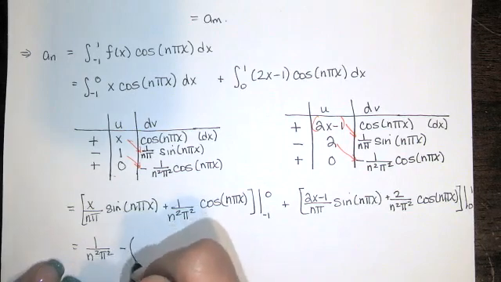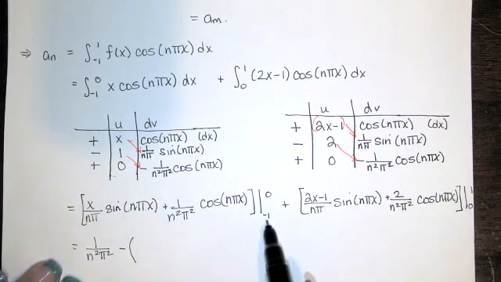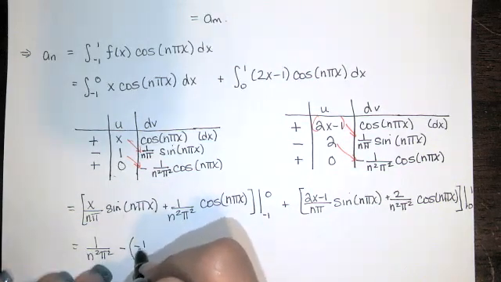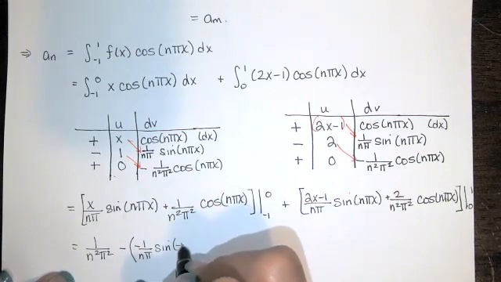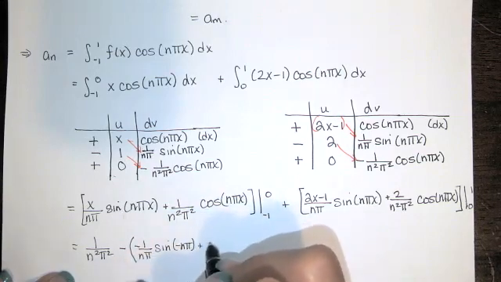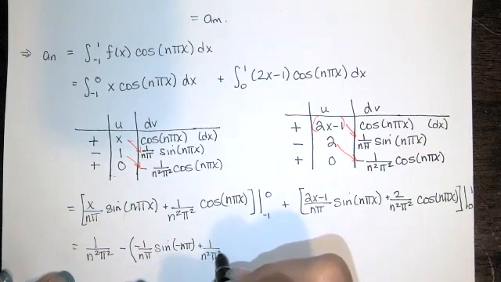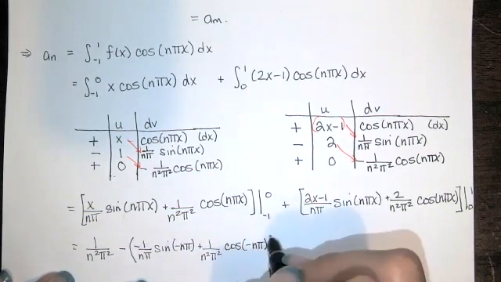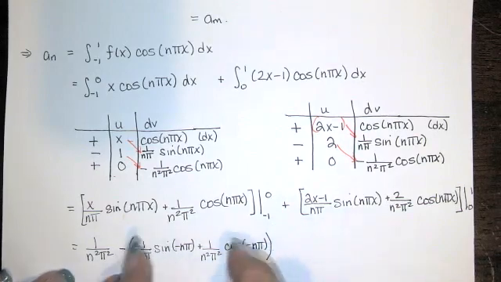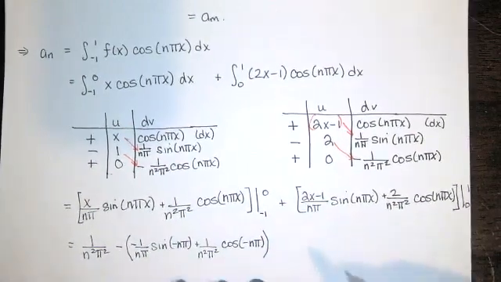And then we're subtracting this expression evaluated at x equals -1 now. So at x equals -1, I'll have -1 over n pi, this is sine of -n pi, then I have 1 over n squared pi squared times cosine of negative n pi. And we'll talk about how to simplify these two guys in just a moment.